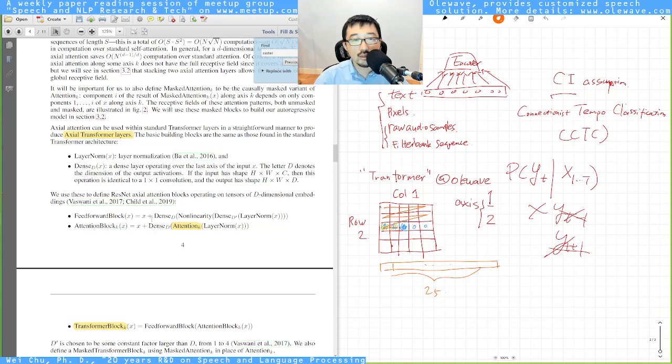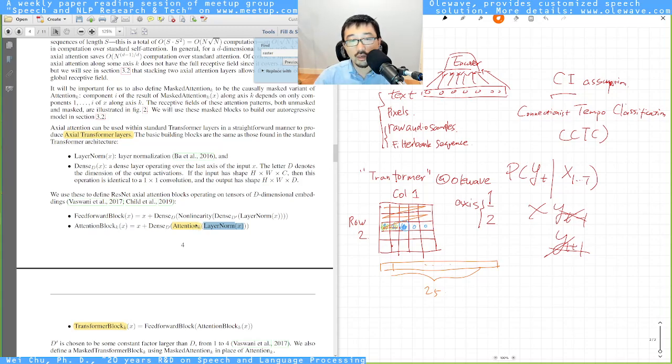And then after this layer, you do the layer norm again. So then you have the matrix, for example, this type of 5x5 matrix. Then you apply the attention layer.